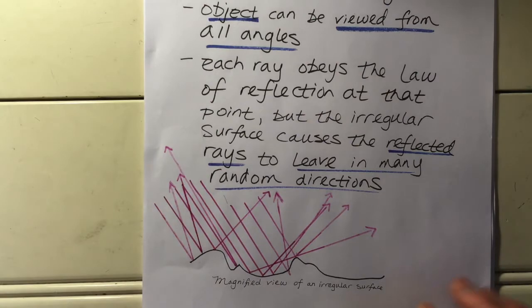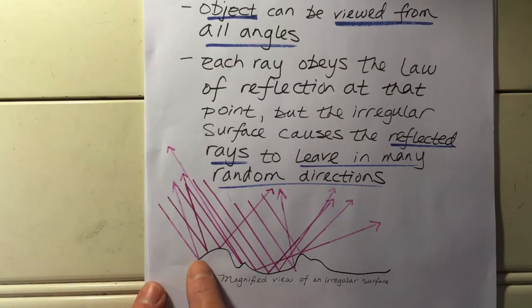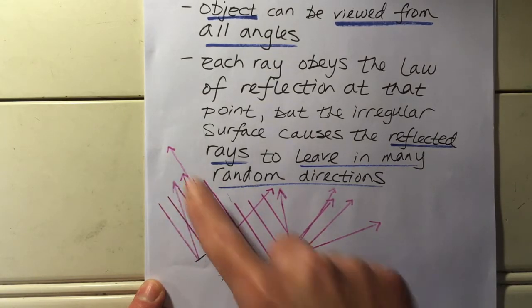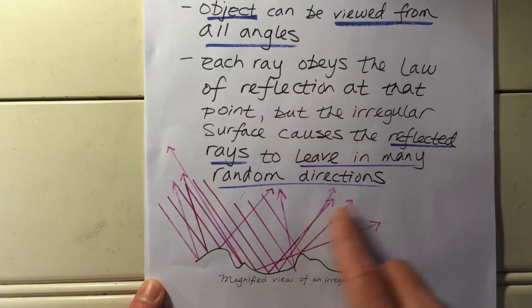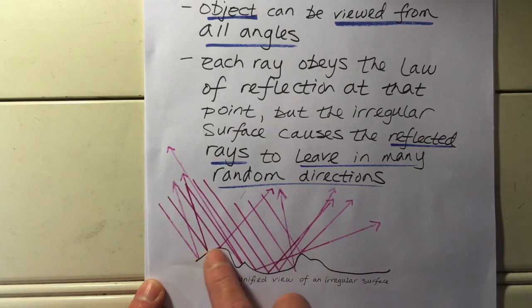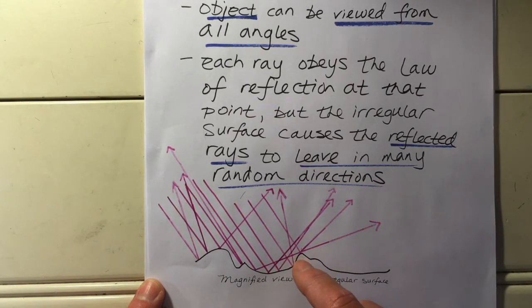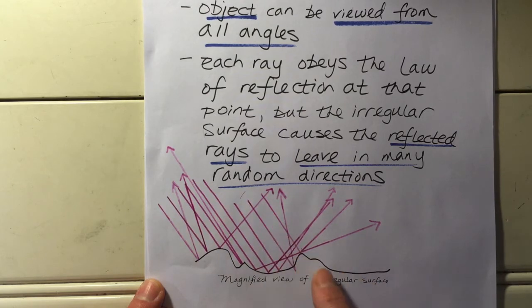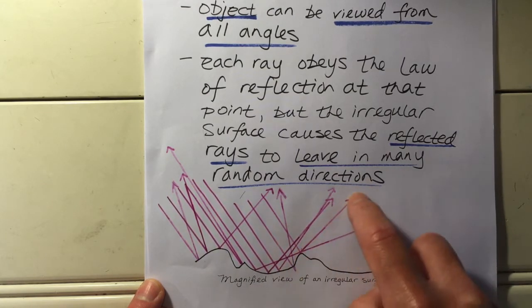So what we see, if we draw the pencil surface, is a fairly irregular surface. Each of these light rays that's maybe coming in like this is going to be reflected off in a different direction according to the law of reflection. So the law of reflection still works here, but because of these irregularities, you get different normal lines, right? The normal line at this point right here extends this way, and the normal line at this point goes this way.